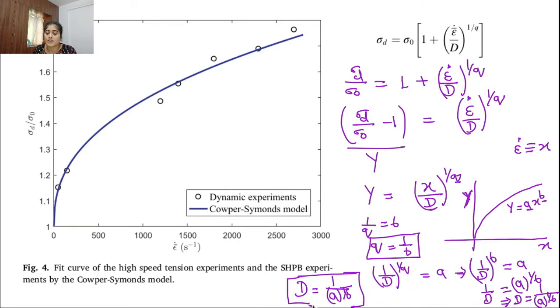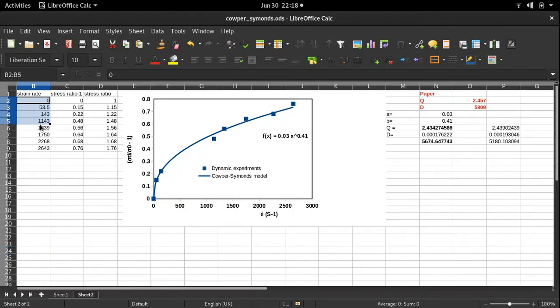Okay, so I have used an Excel sheet to find the D value and Q value, and then I matched with the values in the paper, so it was matching. Now I will show you through the Excel sheet how we can find this D and Q value. So these are the strain rate and their corresponding stress ratio.